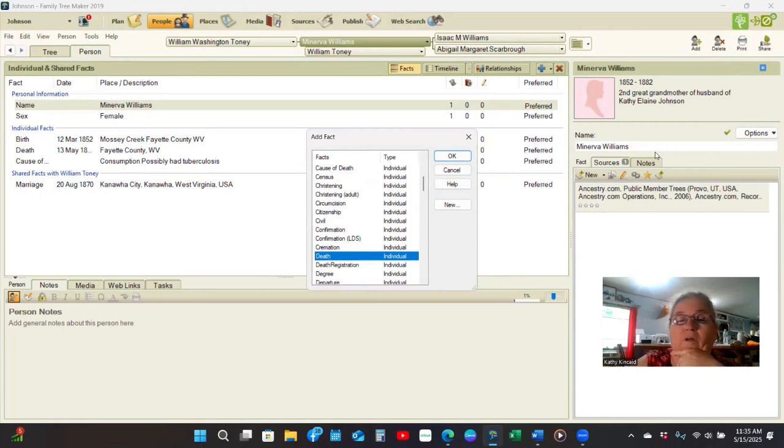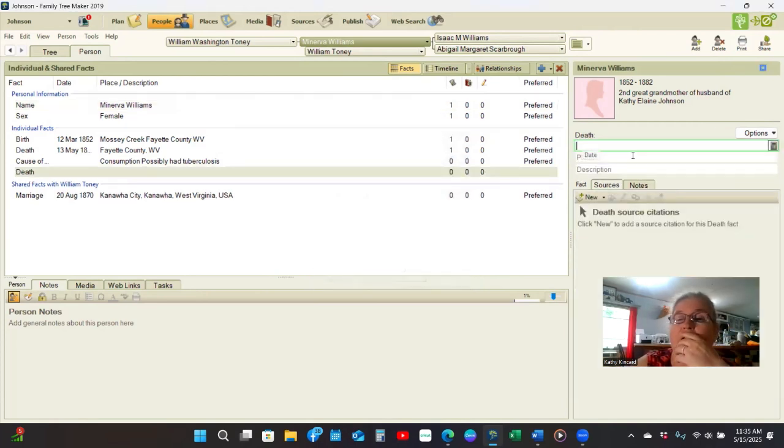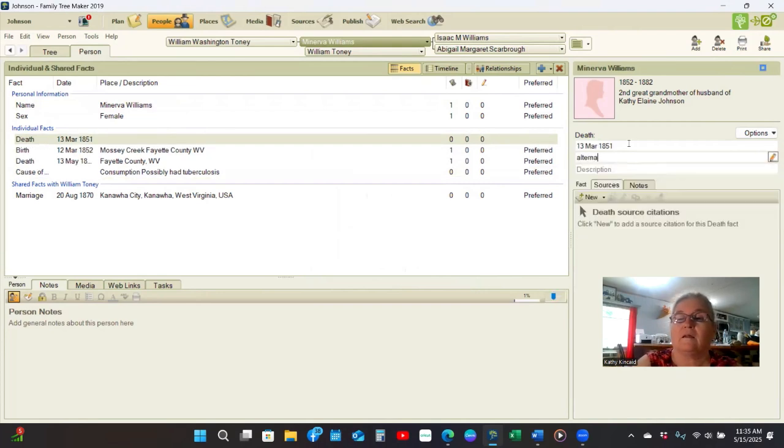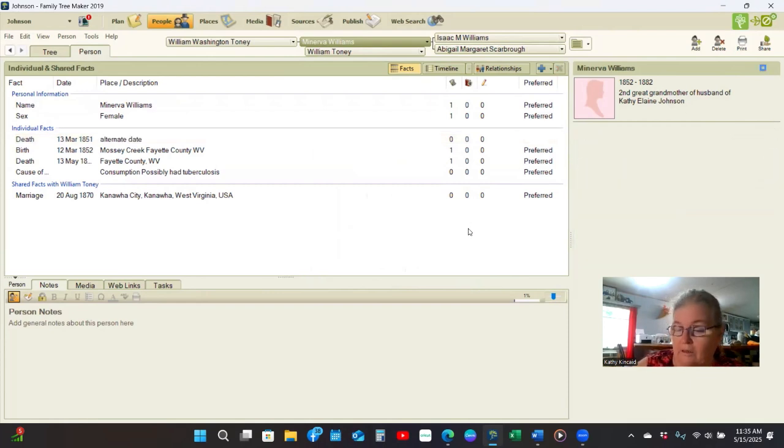Okay, then you can put in 3/13/1851 as an alternate day. And that way you can have that as well. But if you look in the future, you'll be able to find out which one is the correct date and delete that item.